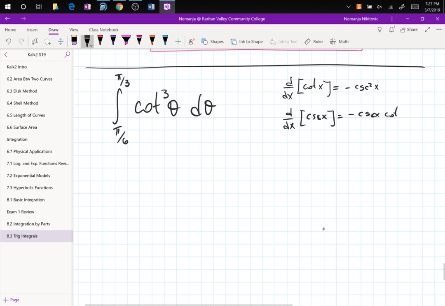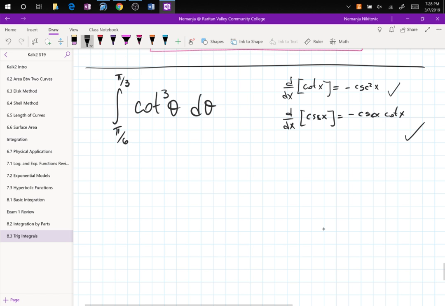I gave you enough time. It has to be instantaneous. So the 2 banks that I need for my derivatives are either cosecant squared or cosecant cotangent. Those are the 2 banks.